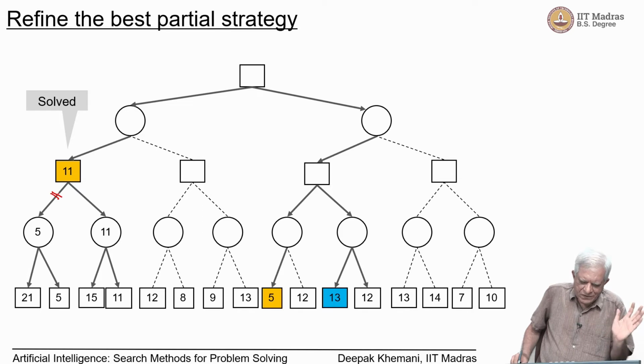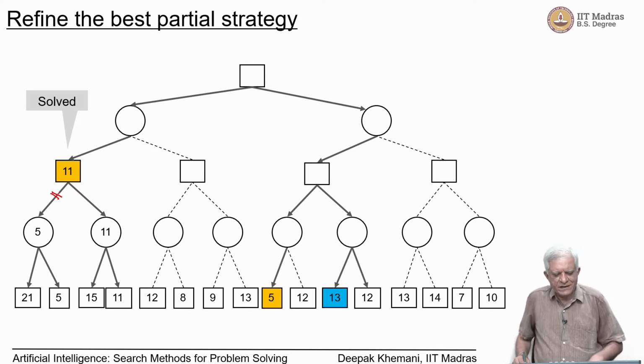It is like an alpha cutoff, because max will always choose 11 at this stage, it will never choose the left branch. So, that one strategy has gone out of contention at this place.